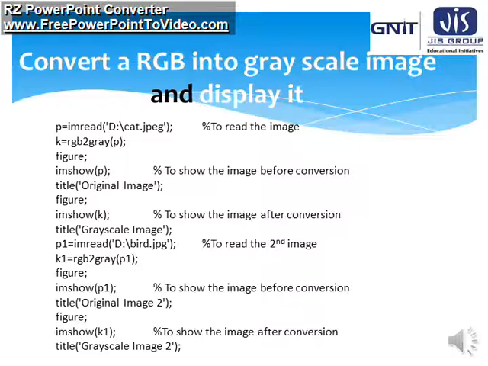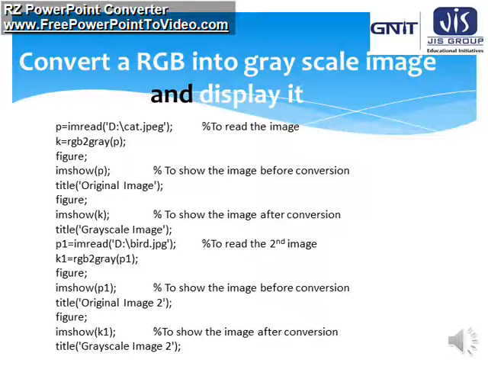Suppose we save this program as program1.m. The first line: as we have already mentioned, in MATLAB we need not declare any type of variable, we just have to initialize them. So here we are writing p = imread('D:\cat.jpg') within quotes.